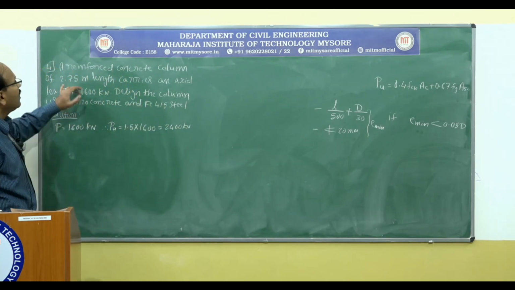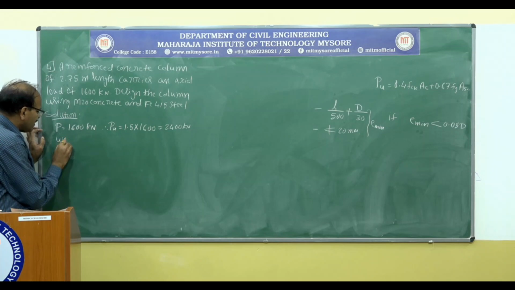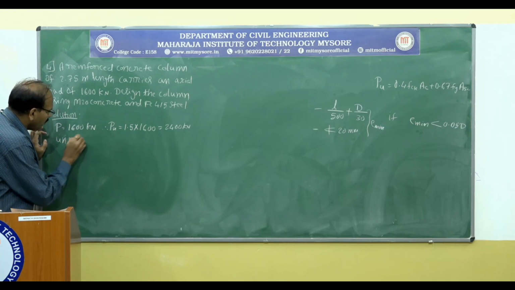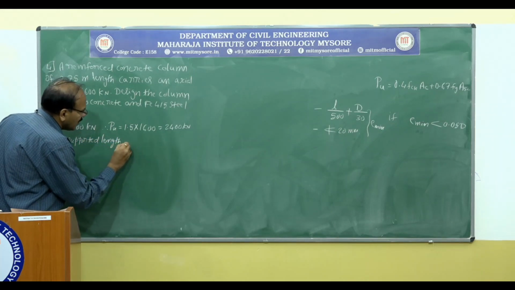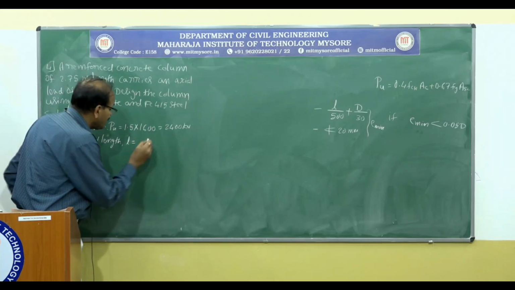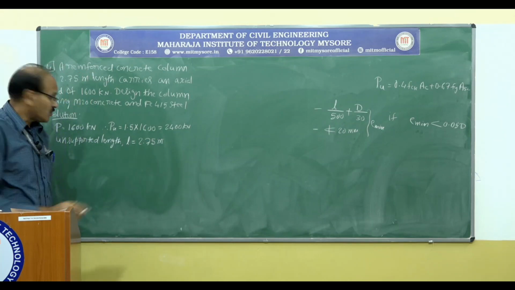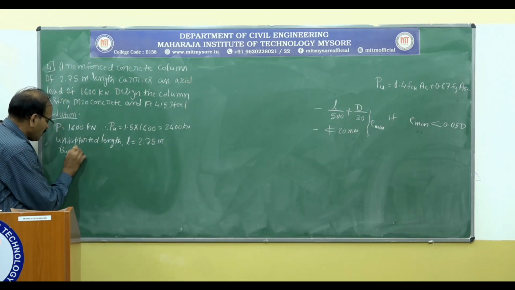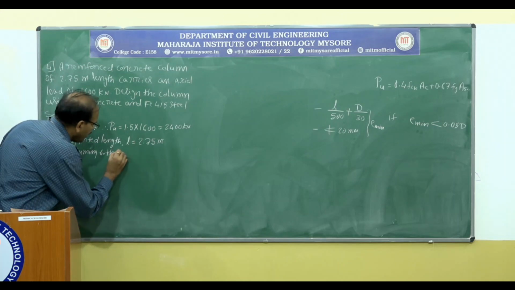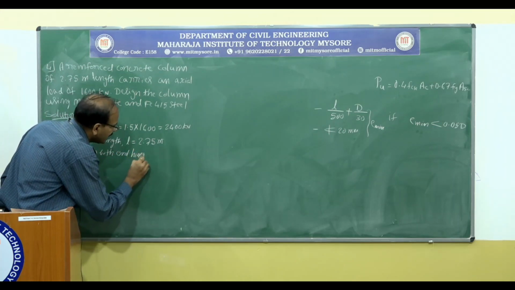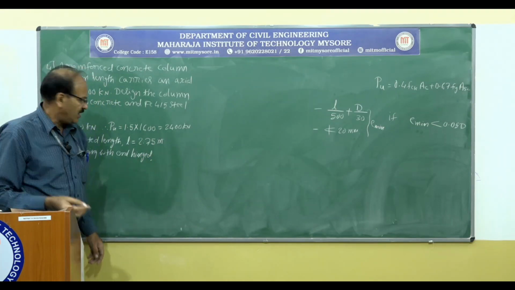Then, what is the length of the column? I am going to take this length as the unsupported length, not the effective length: 2.75 meter. By assuming both ends hinged, because end conditions are not given, we can assume some end conditions according to our convenience.